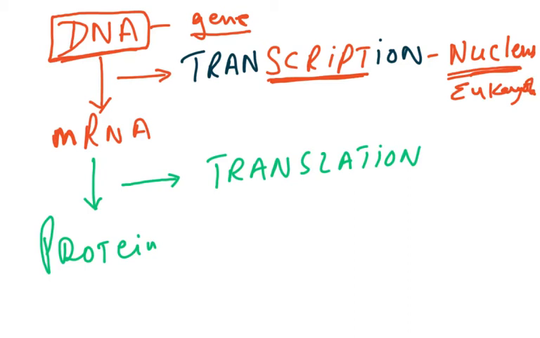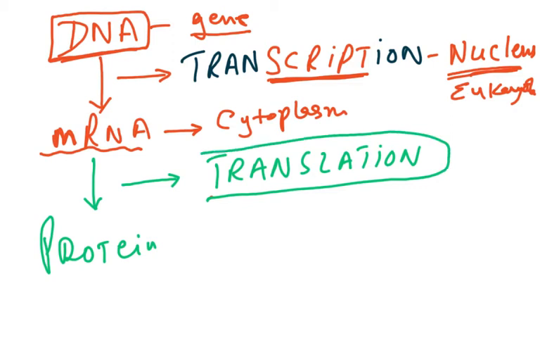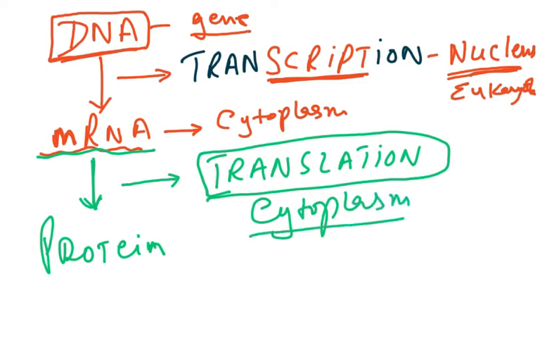And then this mRNA which is formed is going to leave the nucleus and go to the cytoplasm, where translation is going to take place. Translation is what? Translation is mRNA to protein, and this is going to take place in the cytoplasm, on the ribosome. So first we have transcription, which is DNA to mRNA.